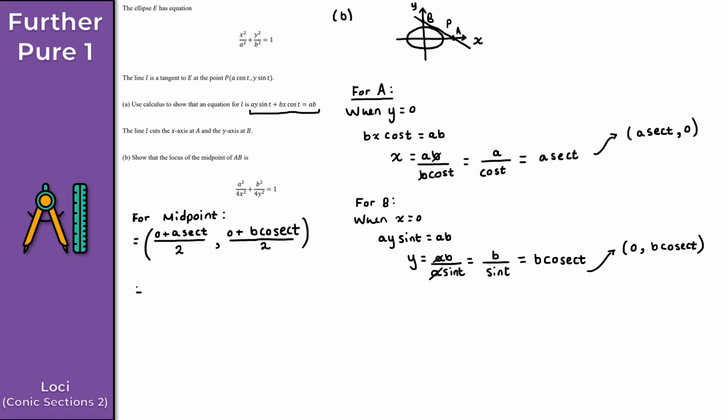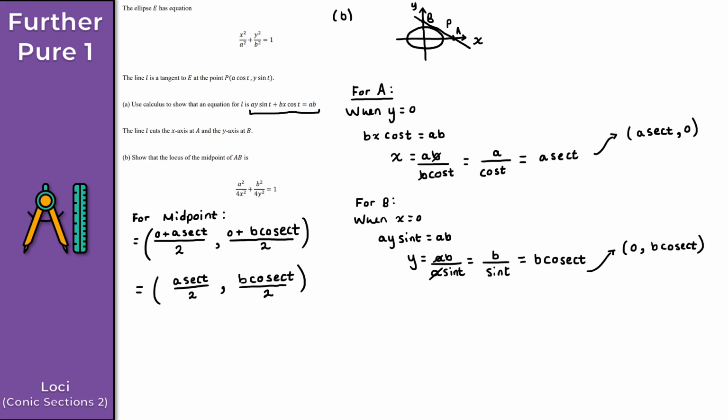And this just gives us a half a sec t, or a sec t over 2, whichever you prefer. And for the y coordinate, we get b cosec t over 2. Now we're getting pretty close to obtaining this result.